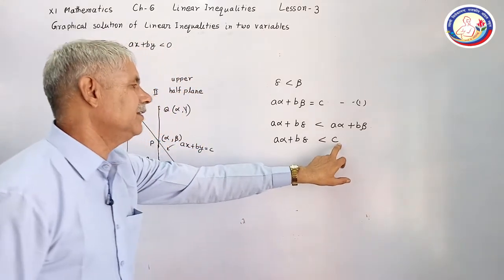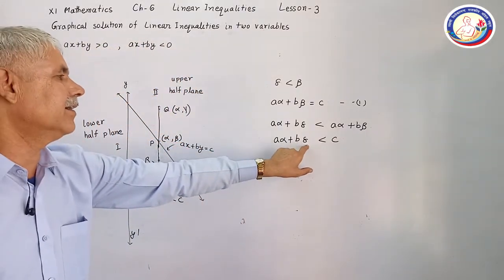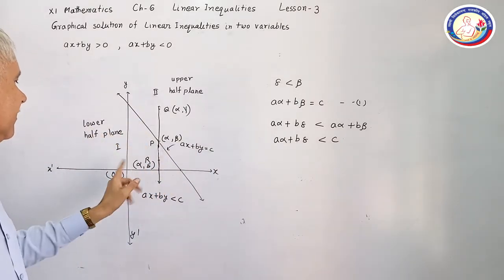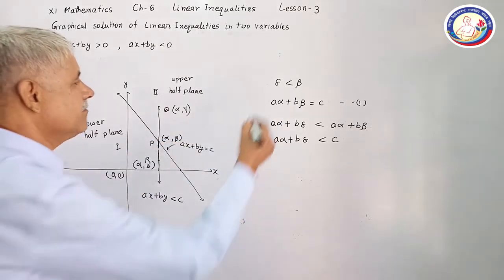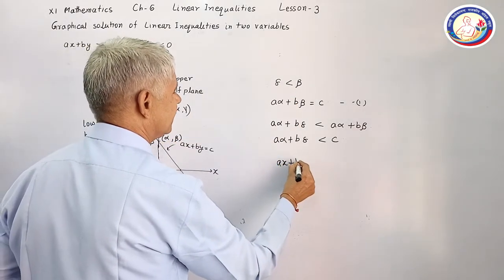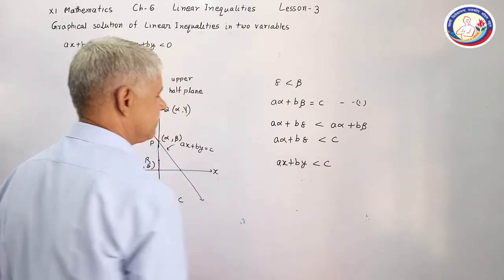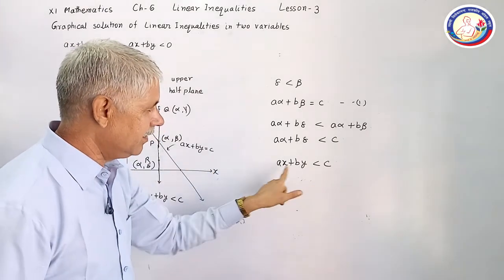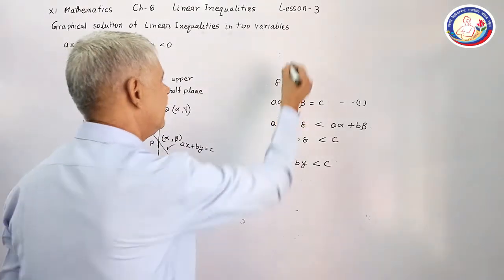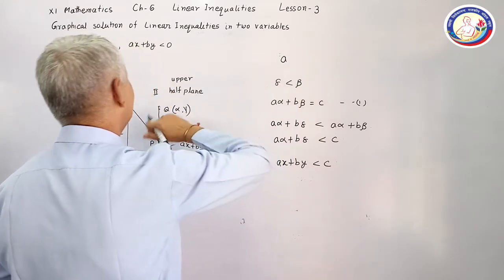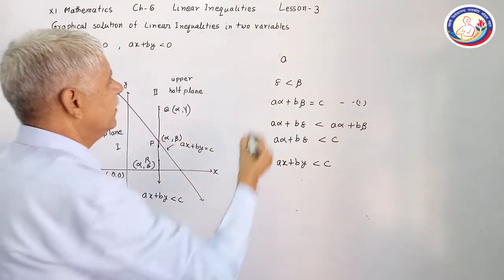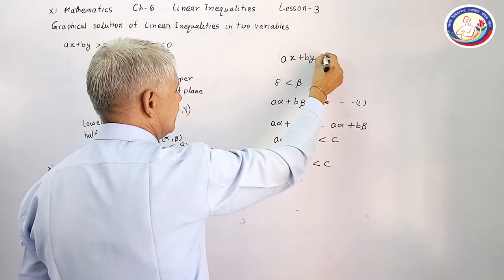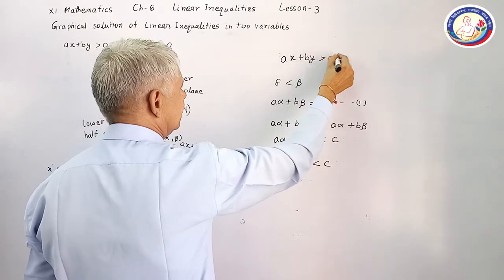If this condition is satisfied by any point with coordinates alpha delta, or the point lies in the lower half plane, it will be a solution of the inequation ax plus by is less than c. So one half plane will be the solution of this inequality ax plus by is less than c, and for the other, a point like alpha and gamma will be a solution of ax plus by is greater than c.